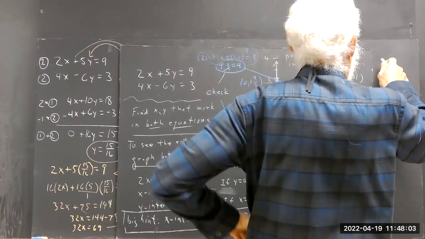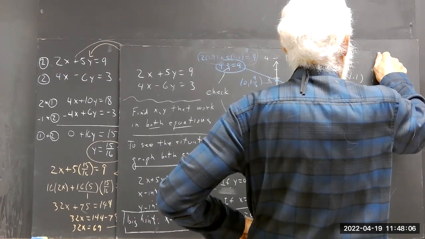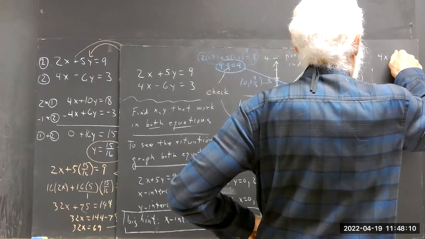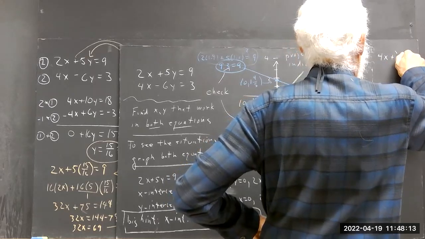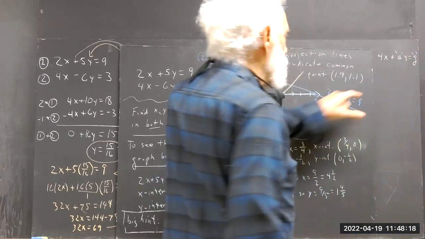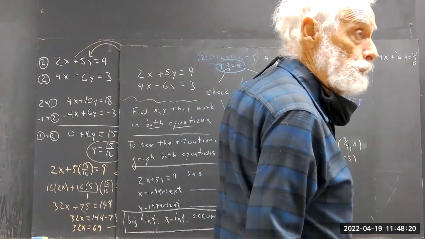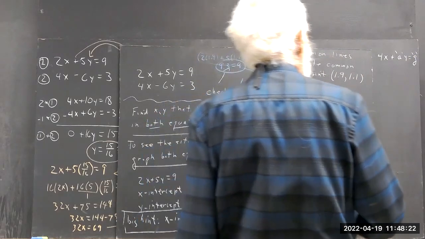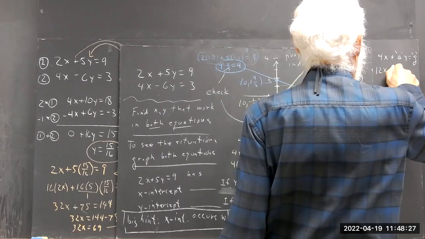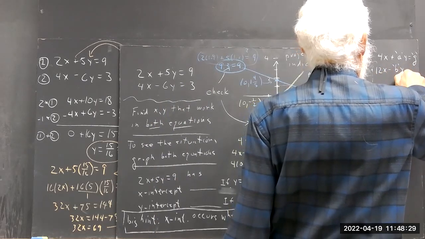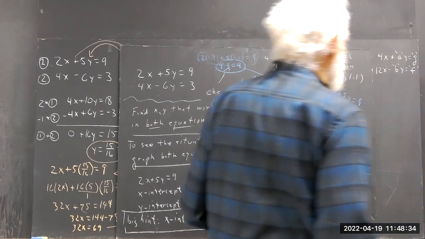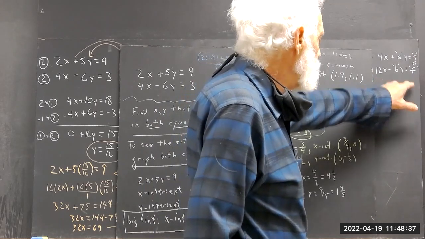So I'm going to say 4x plus ay equals G. And x minus by equals your F number.